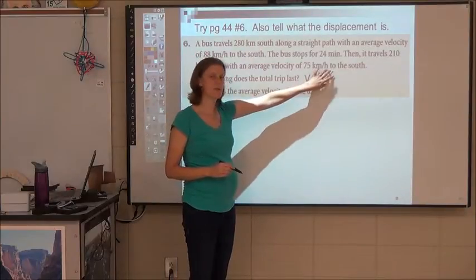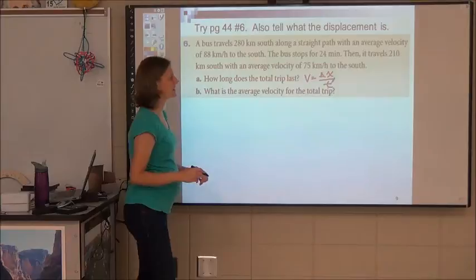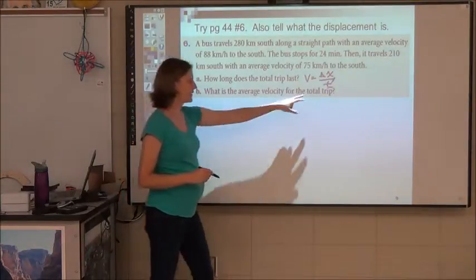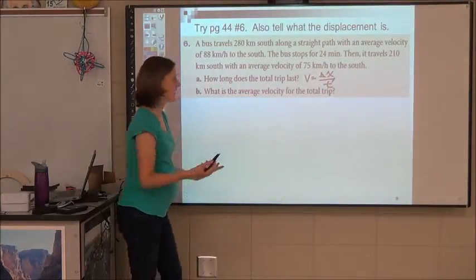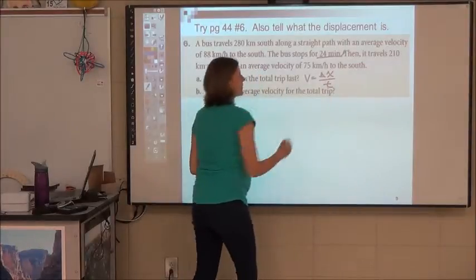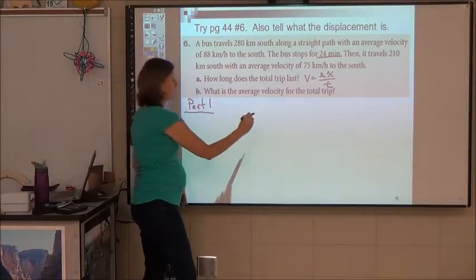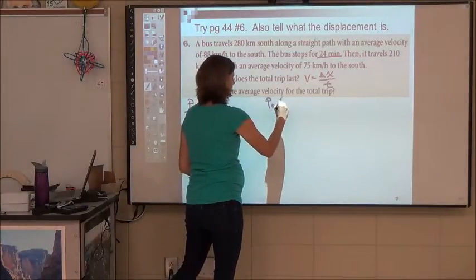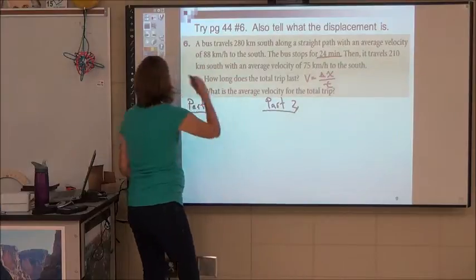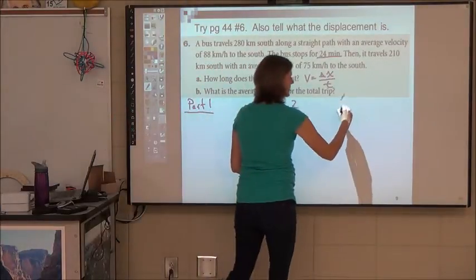So I can use this equation, but I've got to break it down into the 3 separate parts of this trip, and I'll get the 3 separate times of this trip. In fact, one of which I already know is 24 minutes. So let's write out part 1, part 2, and part 3.